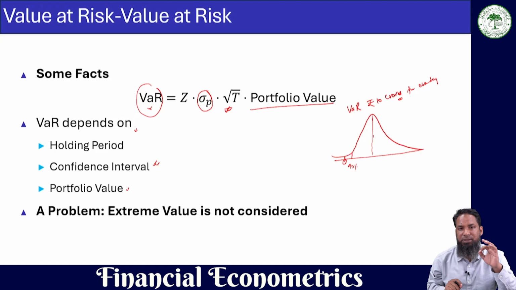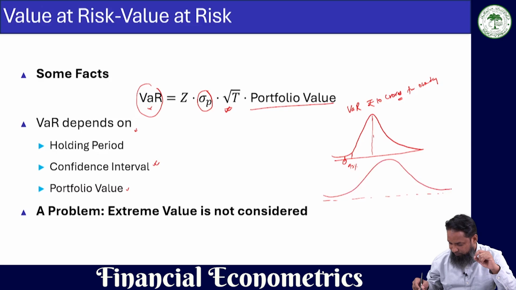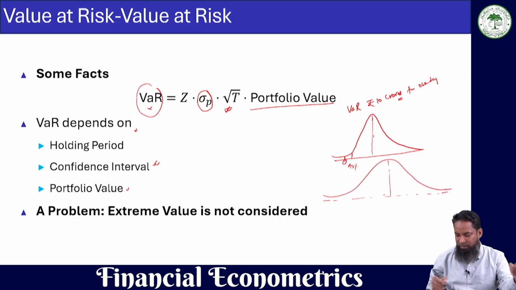What the value at risk says is that if we make the distribution of the return, and here we have, let us say, this case, then it says that, let us say at 95%, this will be the maximum possible loss if it follows a particular normal distribution.